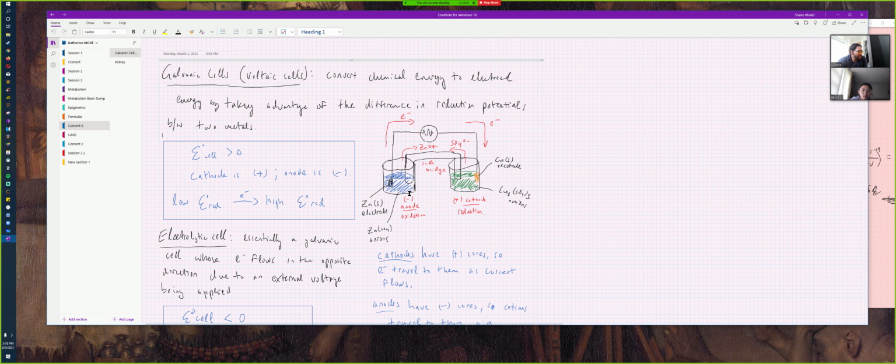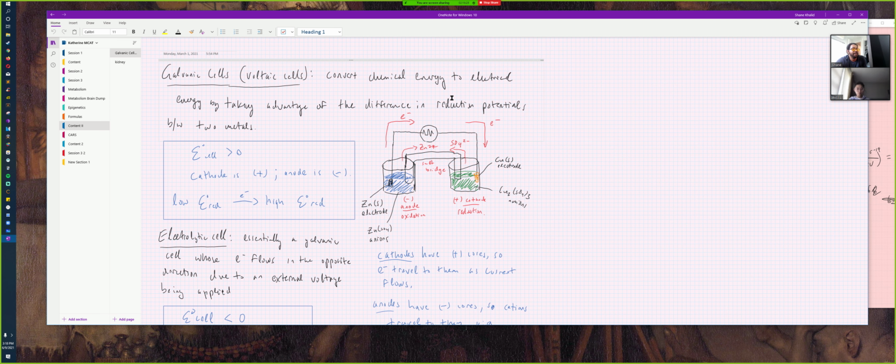This solution is zinc sulfate. This solution is copper sulfate as well. If zinc is losing electrons, it's going to produce a zinc cation.